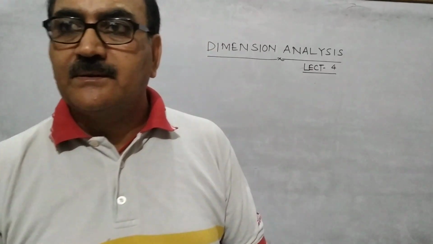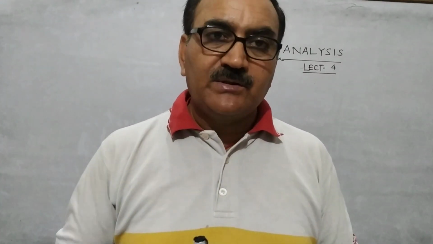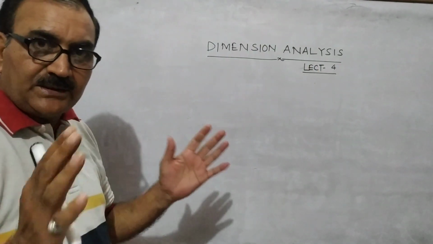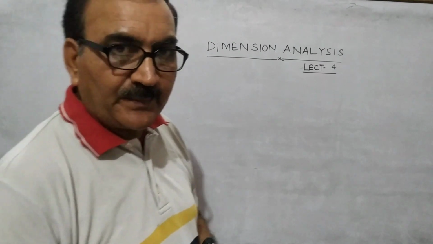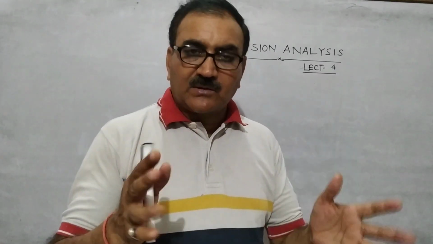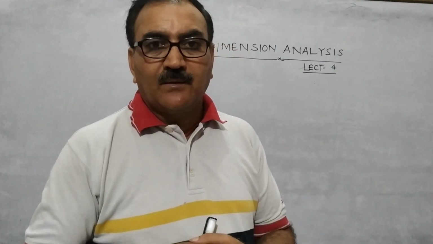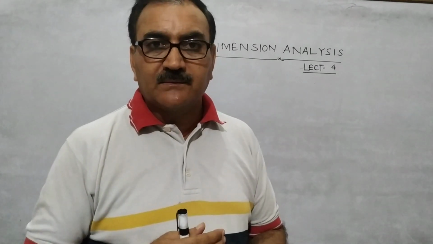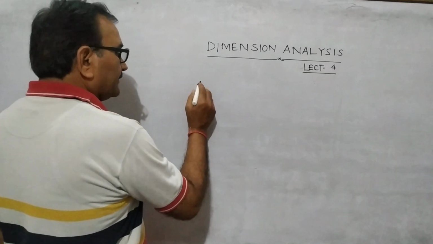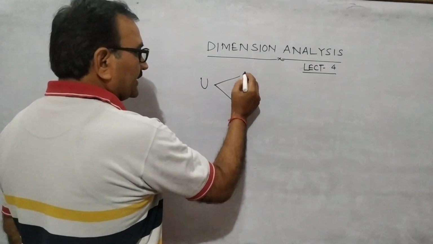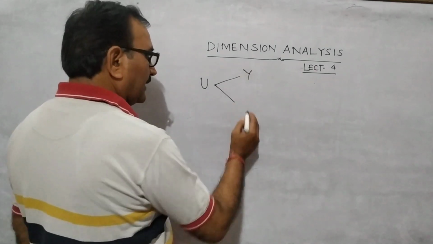See here one important numerical, that is how to relate different physical quantities to each other by the dimension method. Suppose the velocity in a medium depends on the modulus of elasticity, or you can say Young's modulus, and the density of the medium. So velocity depends on two factors, Young's modulus and density.